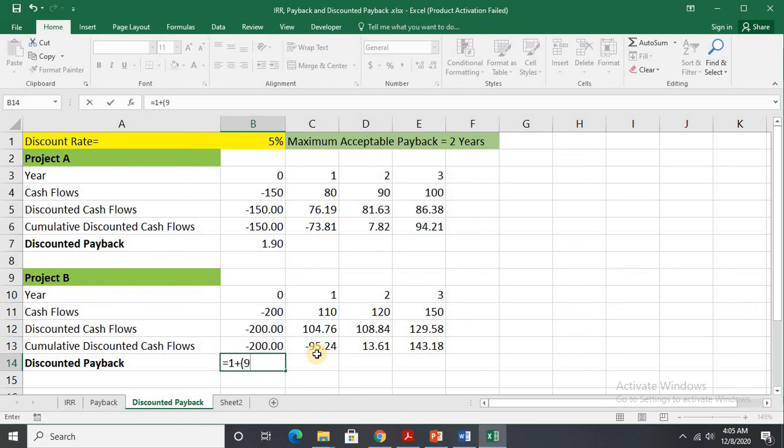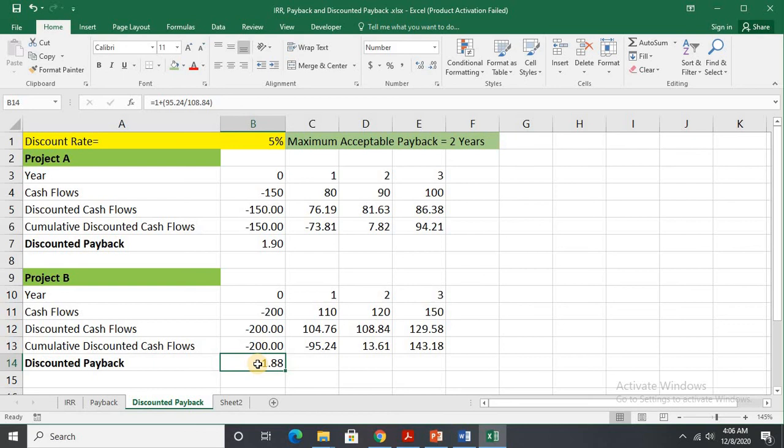That's 95.24 divided by total discounted cash flow during year 2 is 108.84. Close the bracket. So we keep only 2 digits after point. So that's the discounted payback for project B.